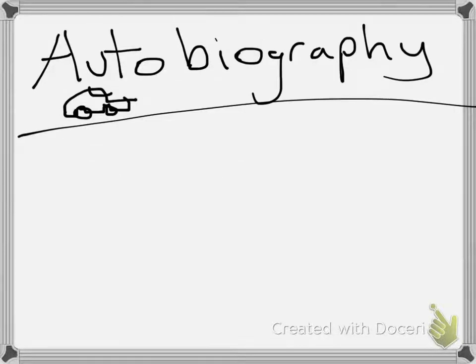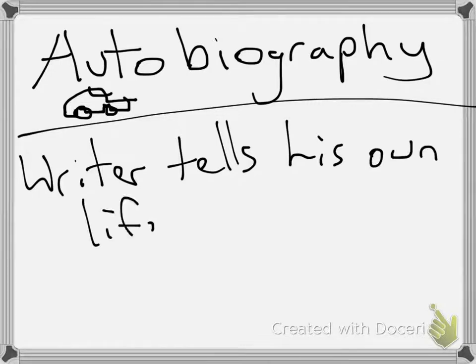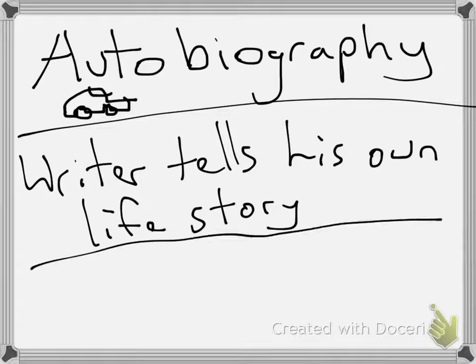Finally, we have the autobiography, when the writer tells his own story. Now, a memoir is very similar to this. The key difference is an autobiography glosses over the entire life.